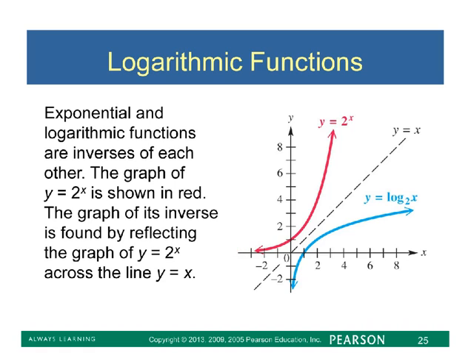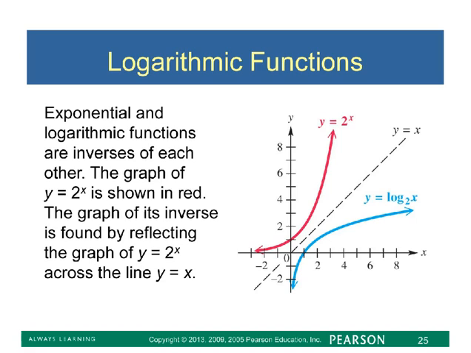We have a horizontal asymptote at the x-axis, but our logarithmic function, since it's the inverse, should have a vertical asymptote at the y-axis. So this blue line is the inverse function of our y equals 2 to the x.